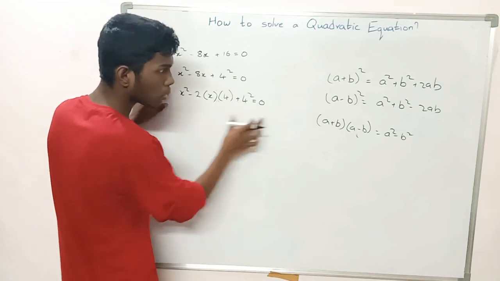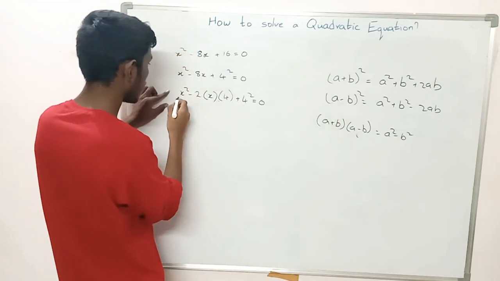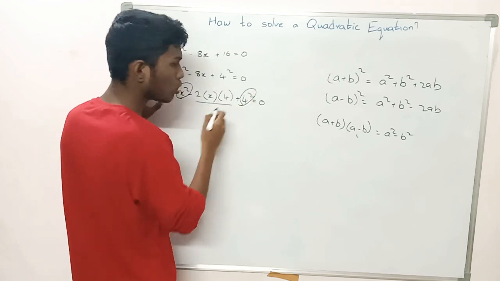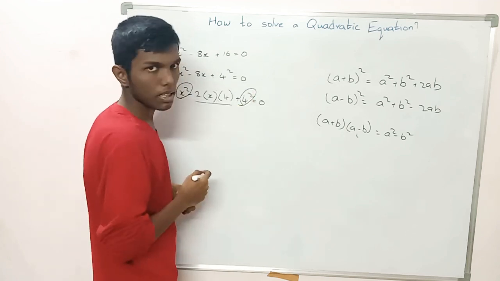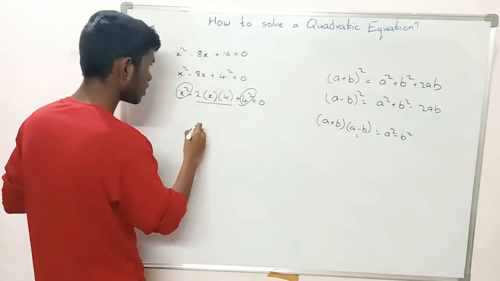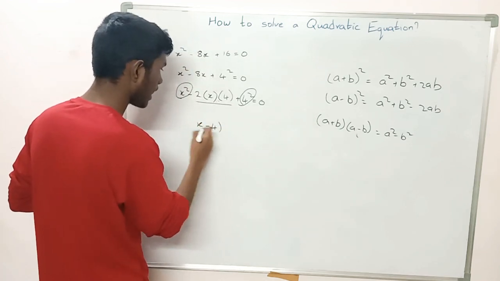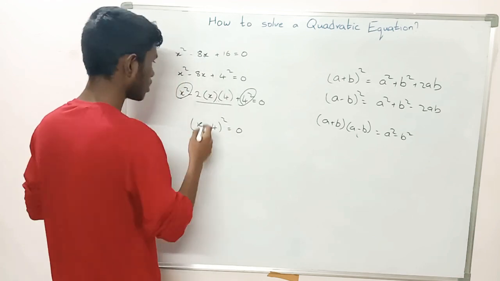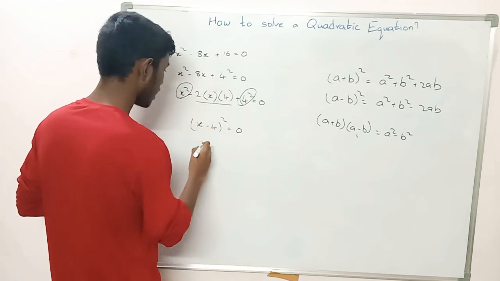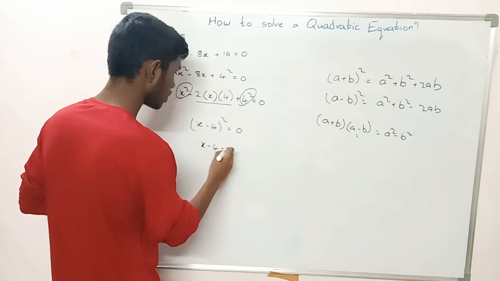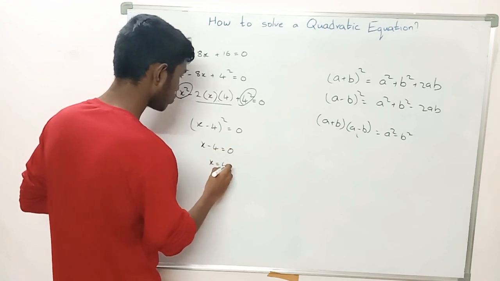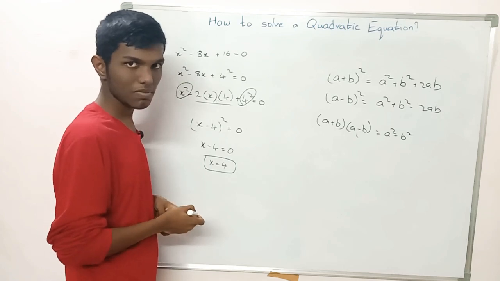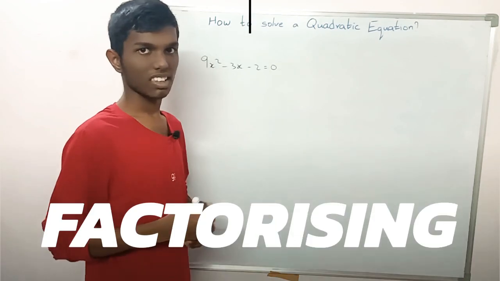This is in the form of a minus b whole square, a square, b square, minus 2ab, which means this is equal to (x minus 4) whole square, which is equal to 0. Now removing the square, x minus 4 is equal to 0 and x is equal to 4. Easy, isn't it?